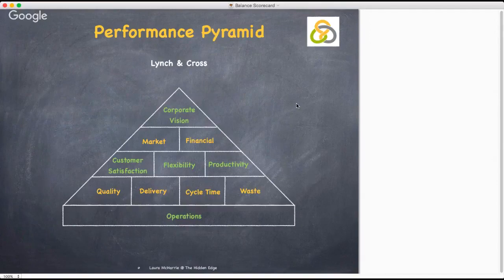These measures are often seen to interact with one another, both horizontally at each level and vertically across the levels of the pyramid. At the bottom level of the pyramid is what Lynch and Cross refer to as measuring in the trenches. Here the objective is to enhance quality and delivery performance and reduce cycle time and waste.